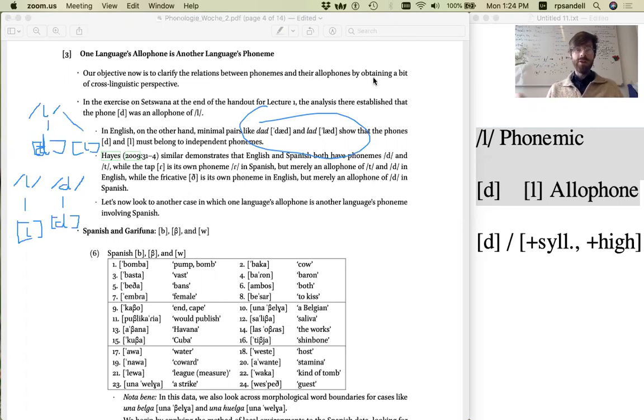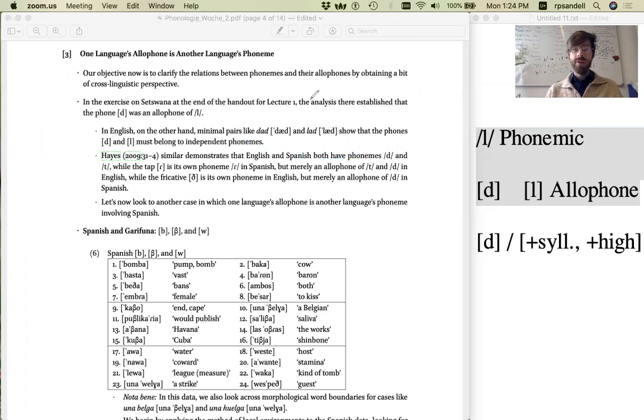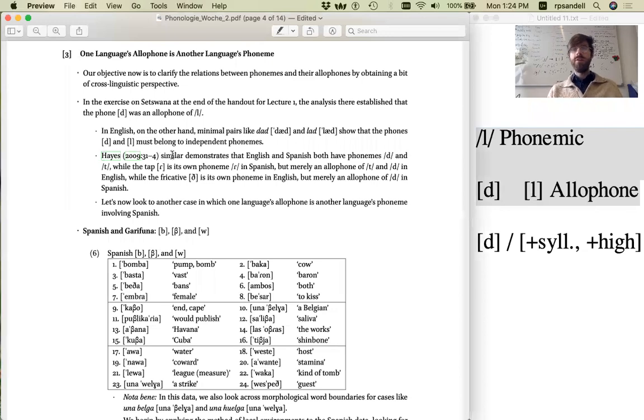And if you read pages 31 through 34 in your textbook, there you also see a similar demonstration where Hayes discusses how English and Spanish both have sounds which can be set up as an underlying phoneme of a voiced alveolar, or in Spanish probably more likely dental stop, and similarly a corresponding voiceless stop.